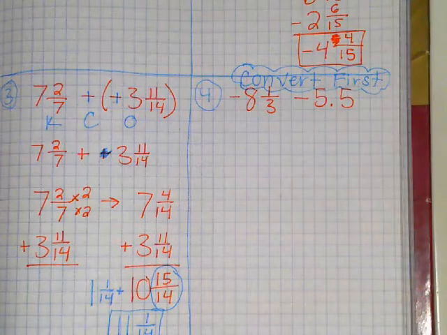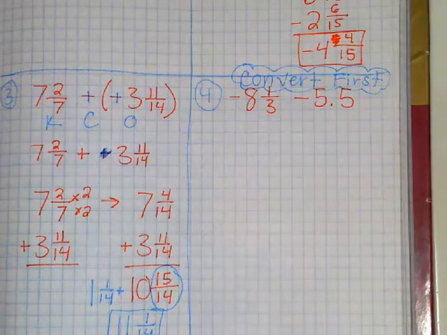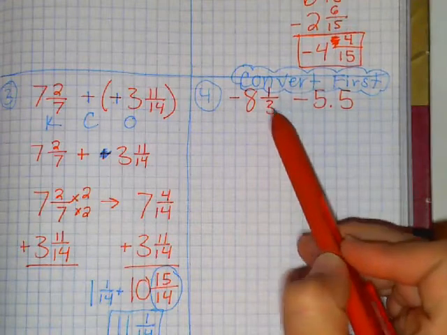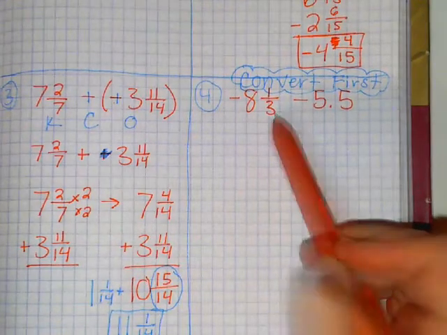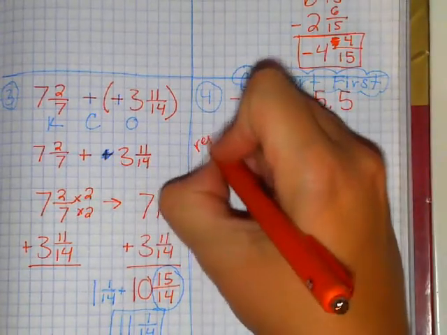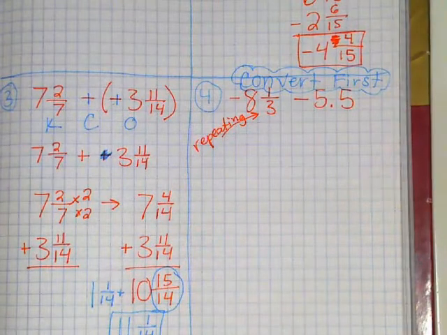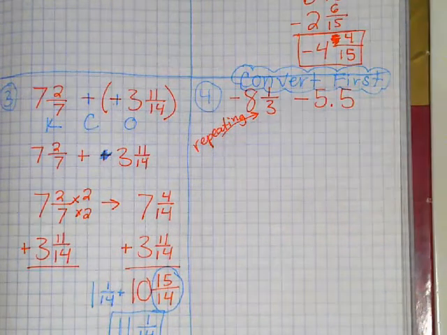Now, yesterday we talked about converting fractions to decimals and decimals to fractions. This 1/3, we know that that is a repeating decimal. So can we change 1/3 into a repeating decimal and be able to subtract something from it? Not really.